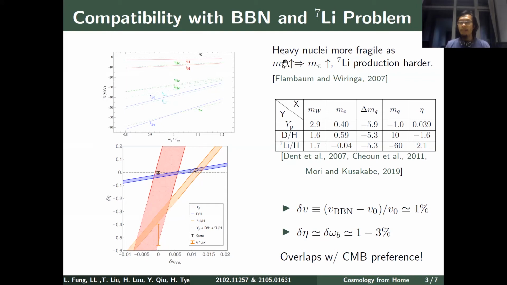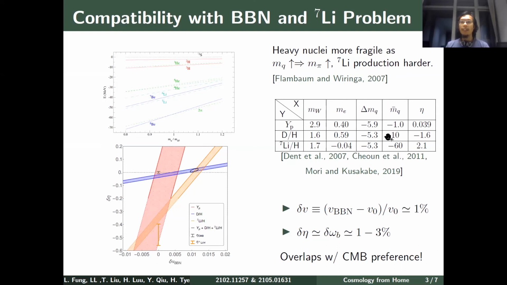This is because the pion becomes massive and the binding energy of the heavy nuclei becomes less, especially when you need to go over the Coulomb repulsion. To summarize, we calculated the different effects of electroweak physics and also of the light quark mass.